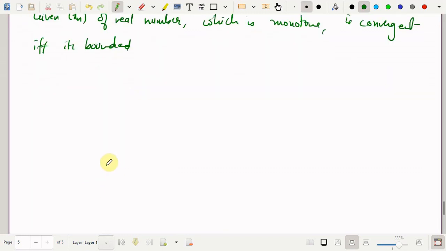There is a notation we use here. If the given sequence is increasing, and it converges to say some point x, we use this notation: x_n with the arrow moving upward to x.